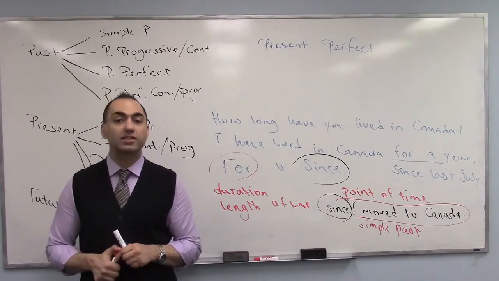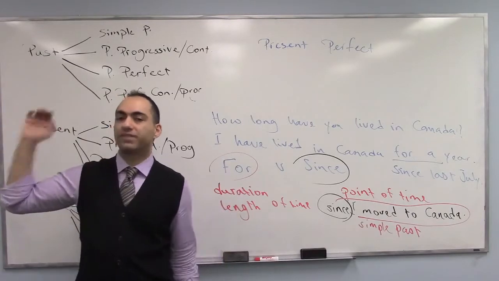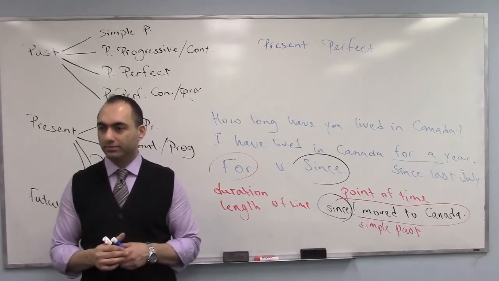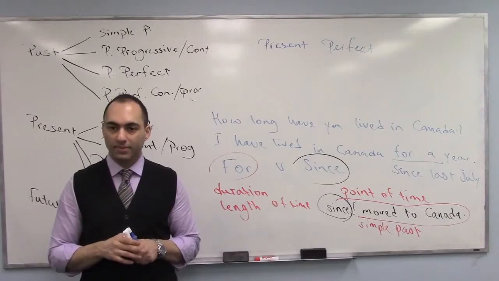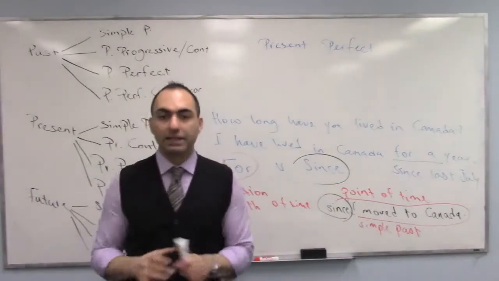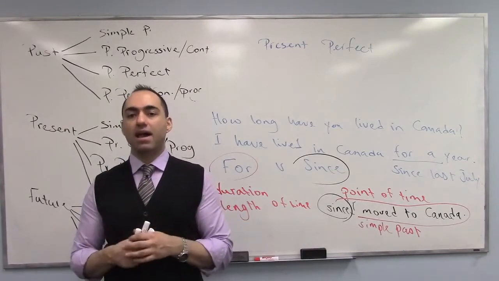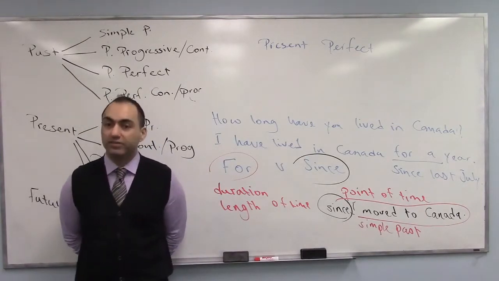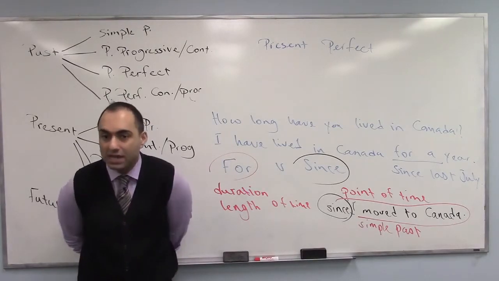Since I came here, since I saw you, since I was fired, since I got this job, since I left home, since I met John. Yeah? So since, because it's point of time, always simple past. But the other part of the sentence is present perfect. I have lived in Toronto for 2 years. I have lived in Toronto since last year or since I moved to Canada.